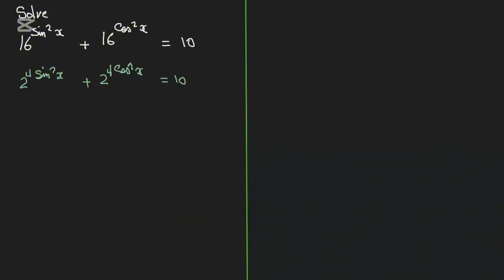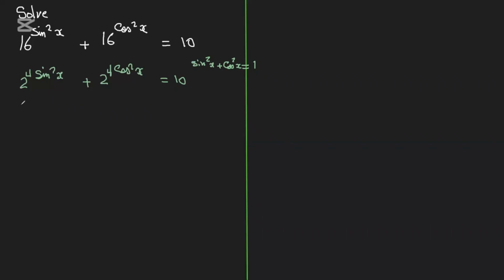After this, I'm going to change this cos squared to 1 minus sine squared. That's coming from the identity sine squared x plus cos squared x equals 1. And therefore, cos squared will be 1 minus sine squared by moving the sine squared to the other side.